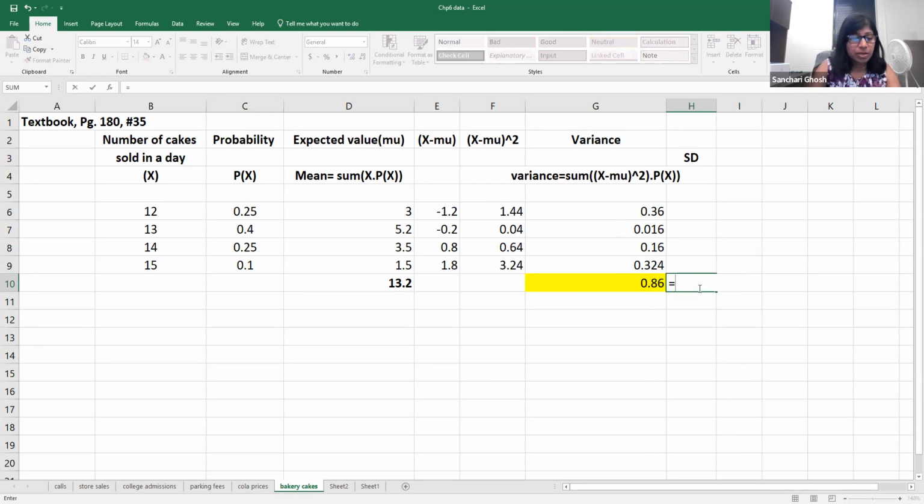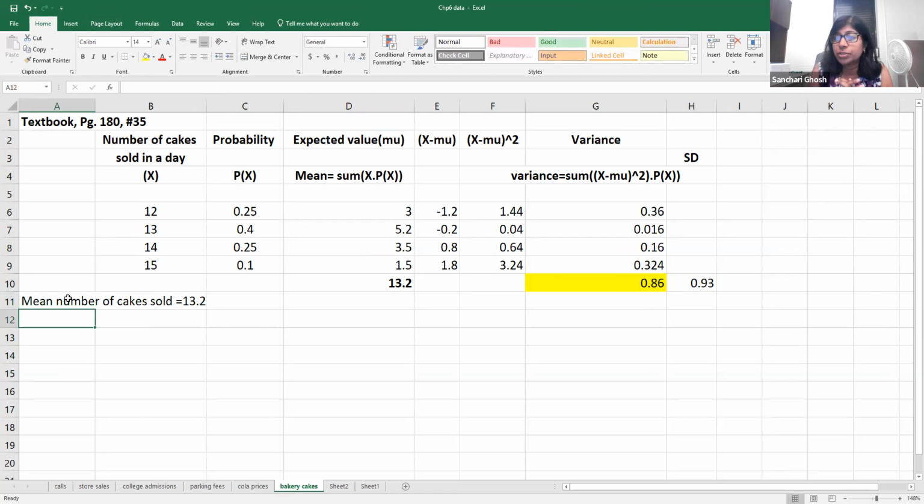Oops. I just have to put the square root to find the standard deviation. Sorry about that. 0.9274. That's it. So mean number of cakes sold equals 13.2. And then variance and standard deviation, you can finish the problem.